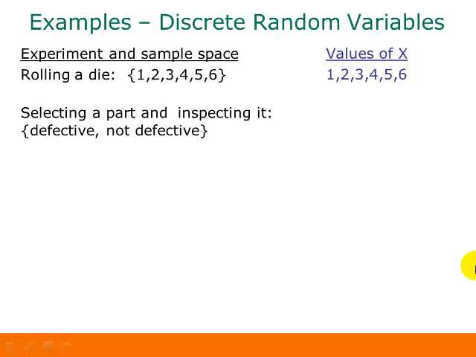One way this is done a lot of times is using 1 for one of the values and 0 for the other value. So one way we could define a discrete random variable for this probability experiment would be to define defective as the value 1 and not defective as the value 0.